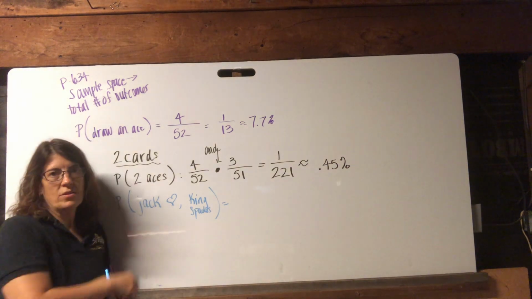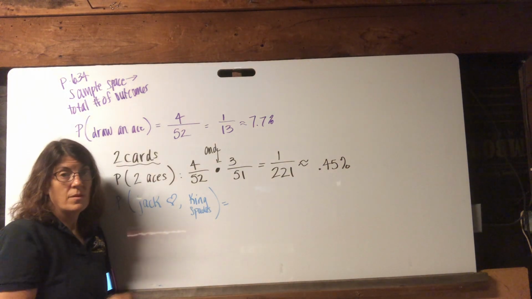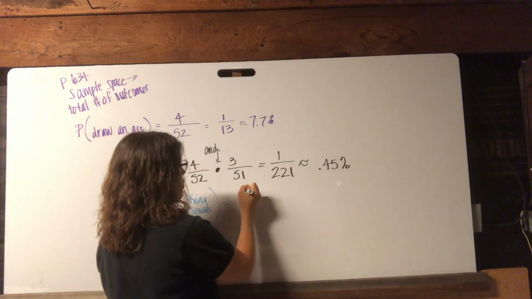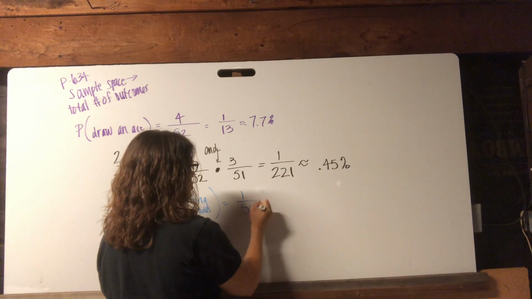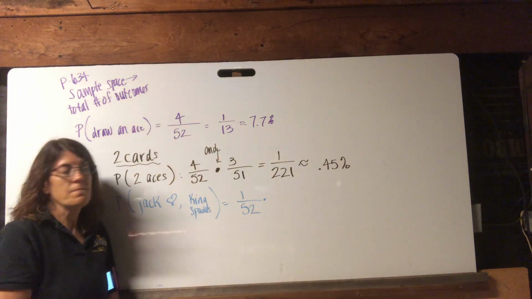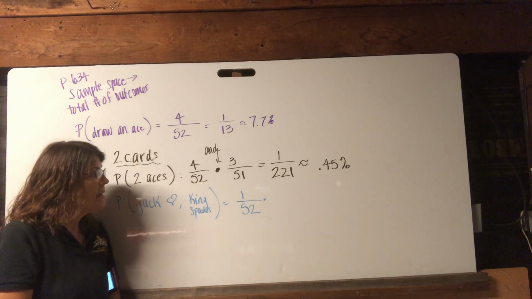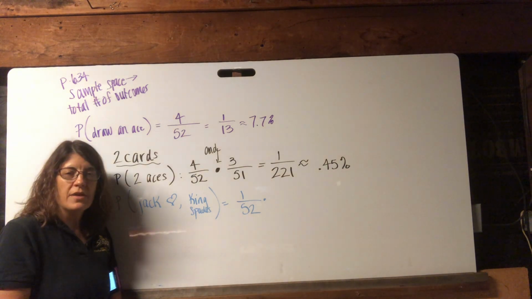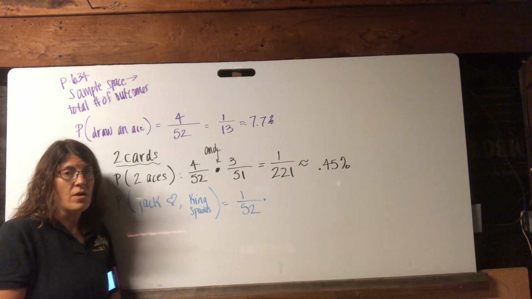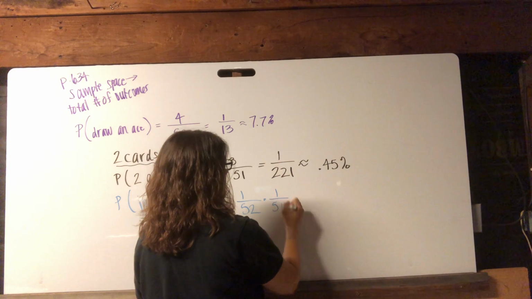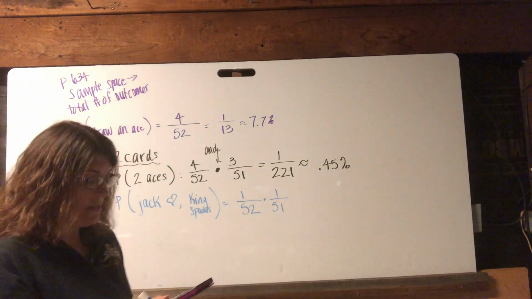How many Jack of Hearts are there? 1. There is 1 Jack of Hearts. So I've got a 1 in 52 chance of drawing the Jack of Hearts. The King of Spades. So if I'm going to draw the King of Spades, how many King of Spades are there? 1 out of 51 cards that are left in the deck.